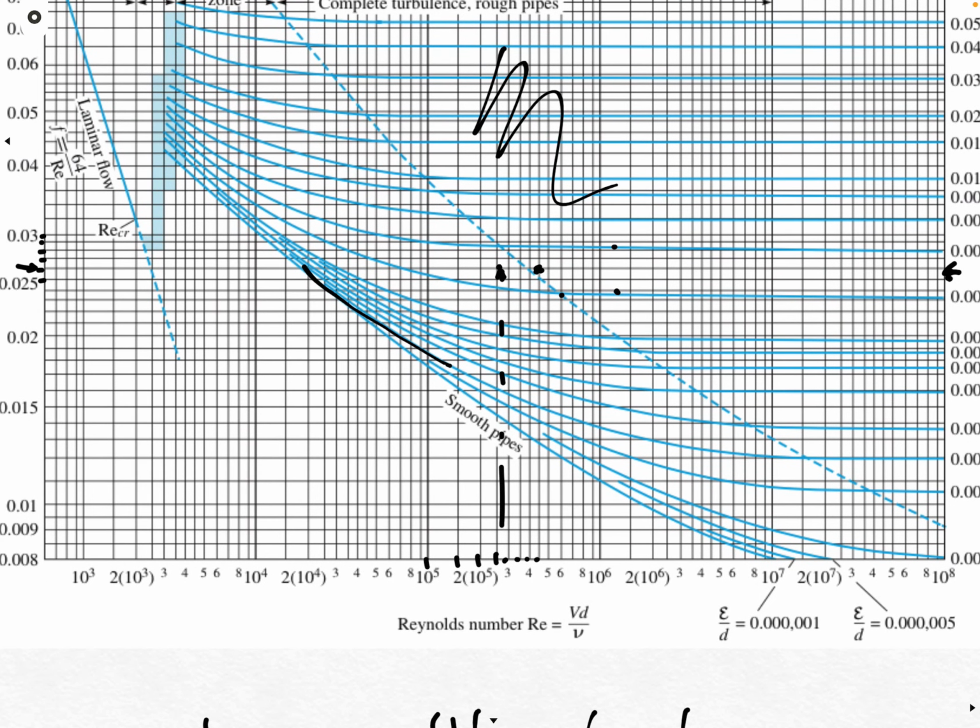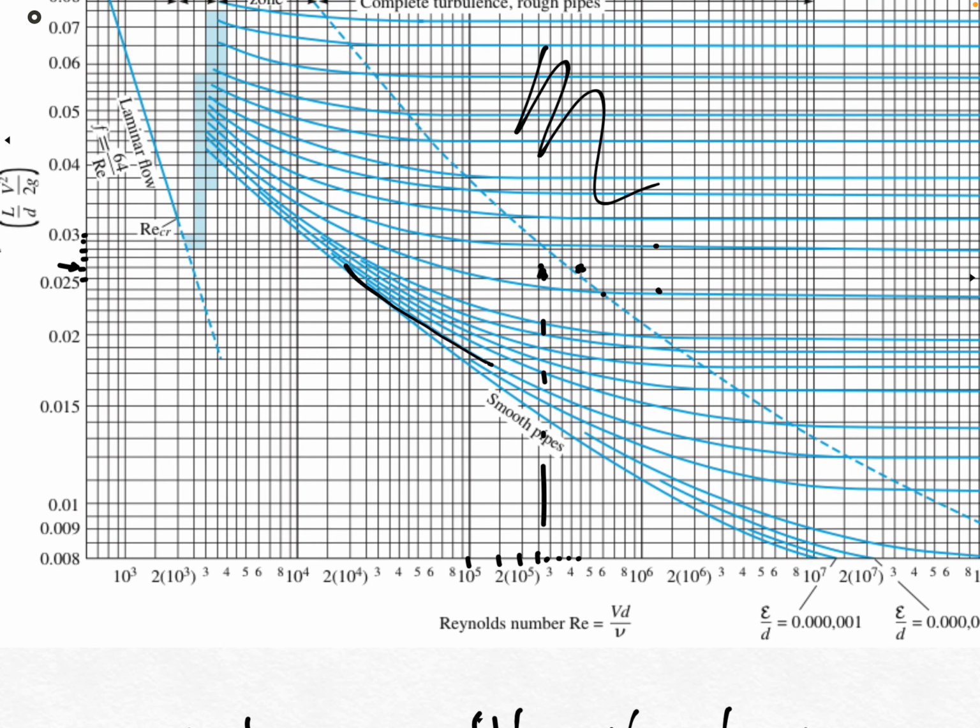Right, so anywhere along this line, we have a value of, taking this over, we'll call it 0.0235, right, because it's just between, this is 0.023 and that's 0.024.